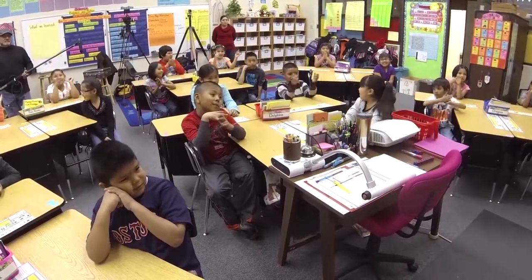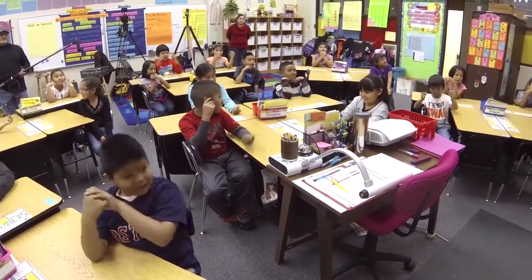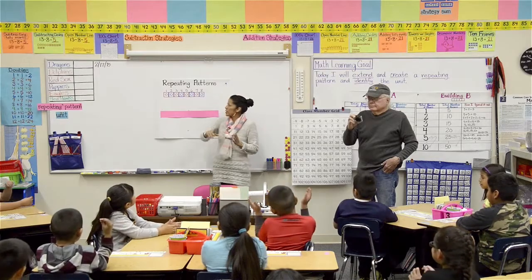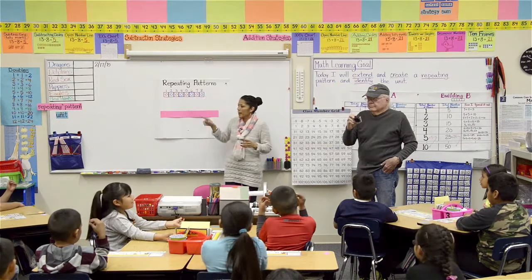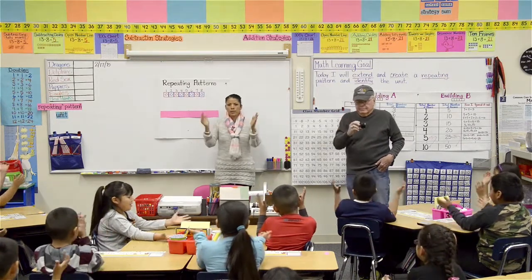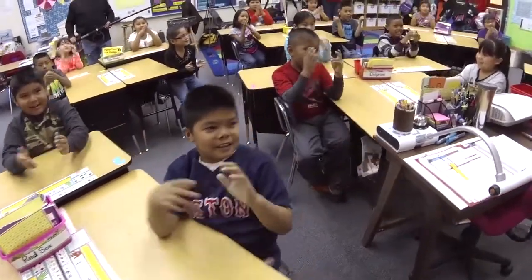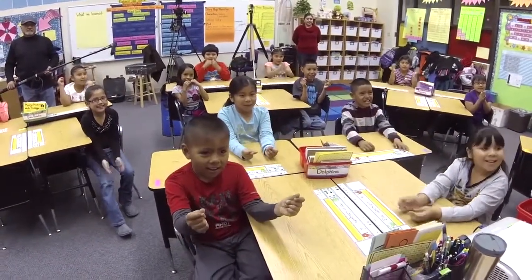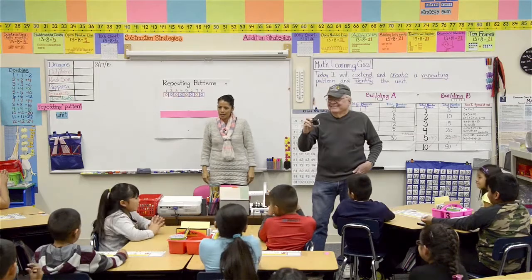So the snap is for which color again? The red. And the clap is for which color again? Let's all do it together all the way up to 8. Ready, go. 1, 8. There you go. Good job.